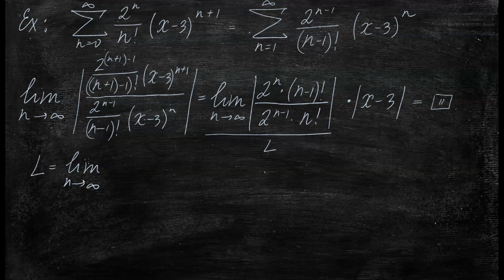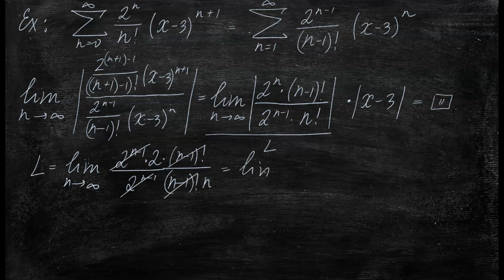I guess if I have to show all the work, it would be like this. This is gone, this is gone, and at the end we just have the limit of 2 over n as n goes to infinity, so the limit is equal to 0.